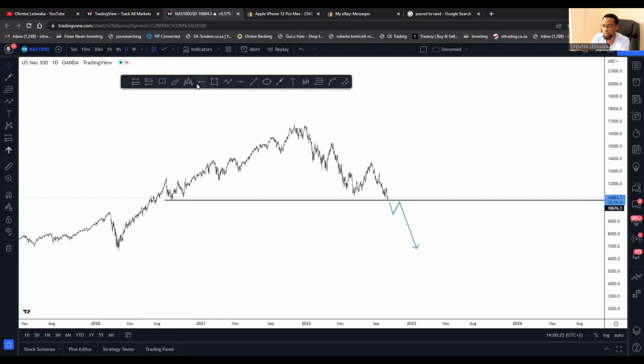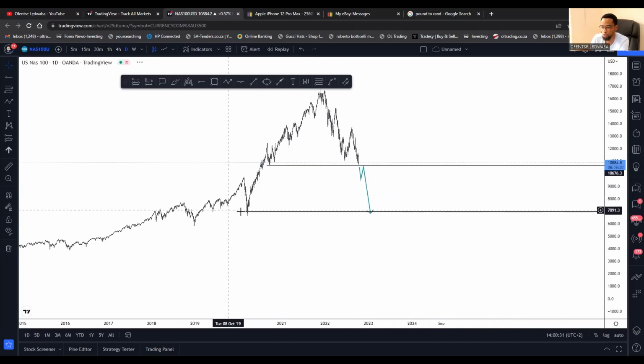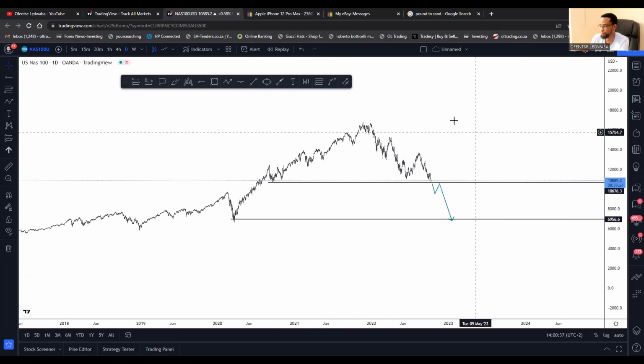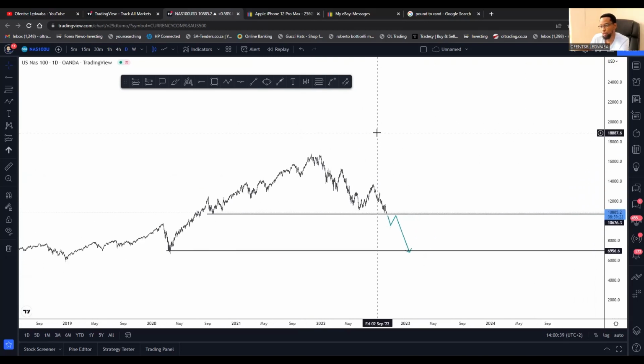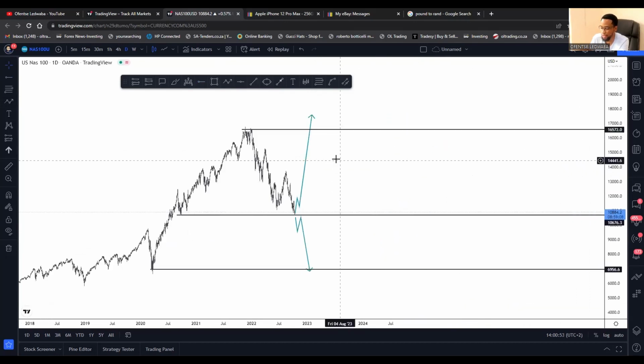So this is what I can expect to happen: if we break below and then retest, we push further to the downside, going back to March 2020. But if we fail to break and this holds as a new support, we can expect the move back to the all-time high and subsequently past it. So this is what I'm looking at on a higher time frame.